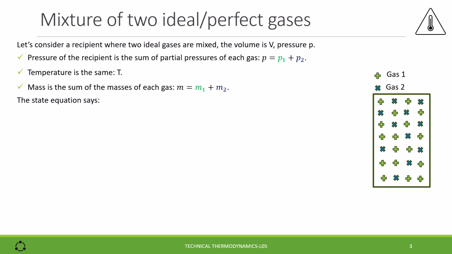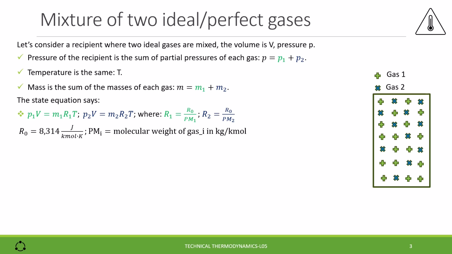The state equation says P1 V equals m1 R1 T, P2 V equals m2 R2 T, where R1 is R0 over PM1, R2 is R0 over PM2. R0 is the universal constant of the gases, and PMi the molecular weight of the gas i in kilogram per kilomole.